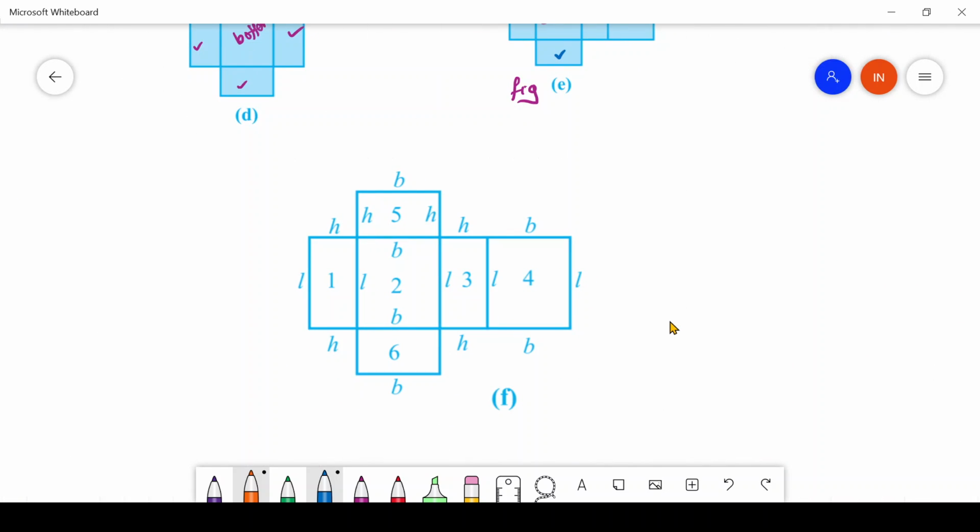I have marked the first face as 1. This is the bottom part, marked as 2, and the top portion is this fourth part. As we have discussed, 1 and 3 will have the same measurement, 2 and 4 will have the same measurement, and 5 and 6 will have the same measurement, right?